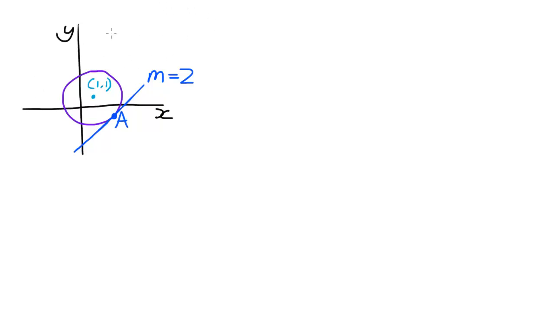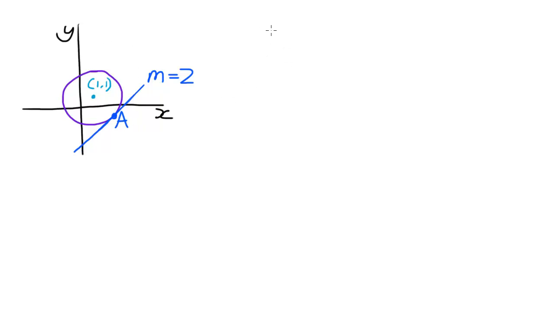The way that we go about doing that is we have to say, right, this tangent line at A, and the line going from A to the center of the circle, those lines are going to be perpendicular to each other. They're going to be at a 90-degree angle to each other. So we have a relationship between the gradient of this line and the gradient of the perpendicular line.